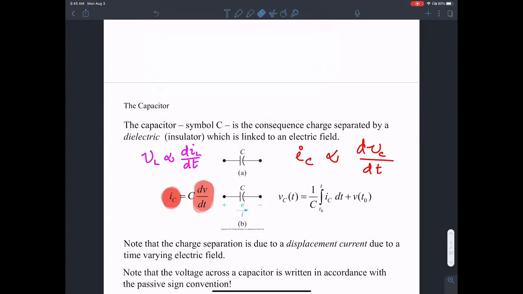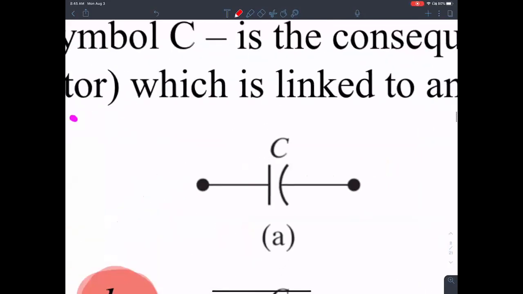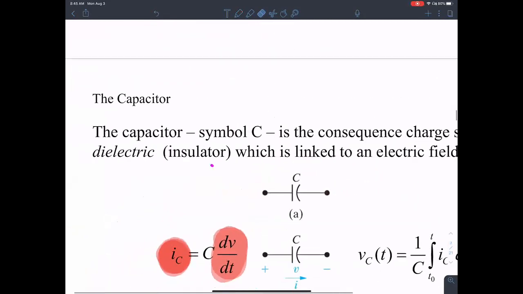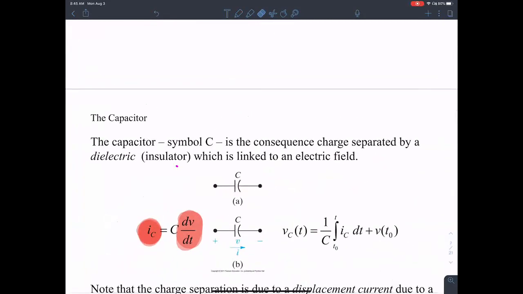Now, let's see. This capacitance symbol is a parallel plate capacitance. Two parallel plates that are charged and separated lead to capacitance. That's all there is to it. Separation of positive and negative charges leads to an electric field in between.